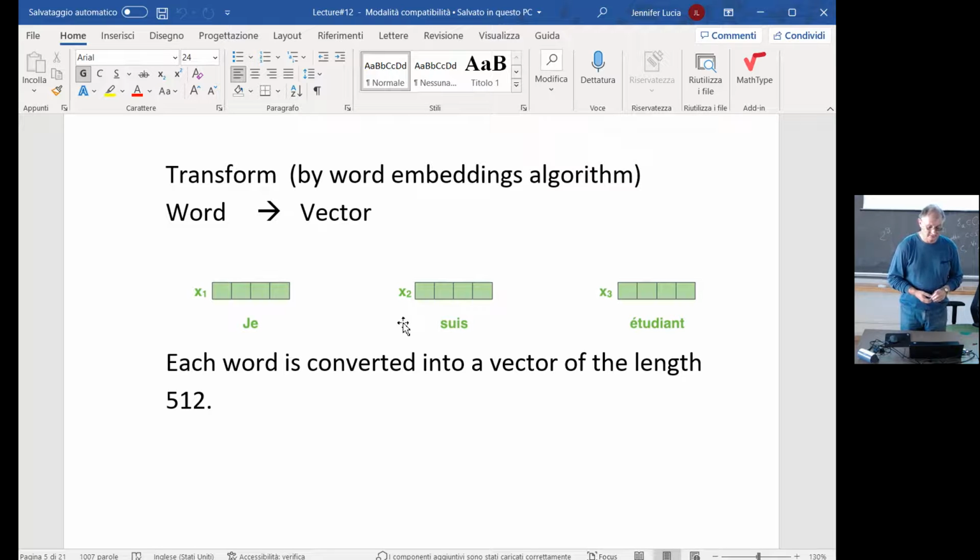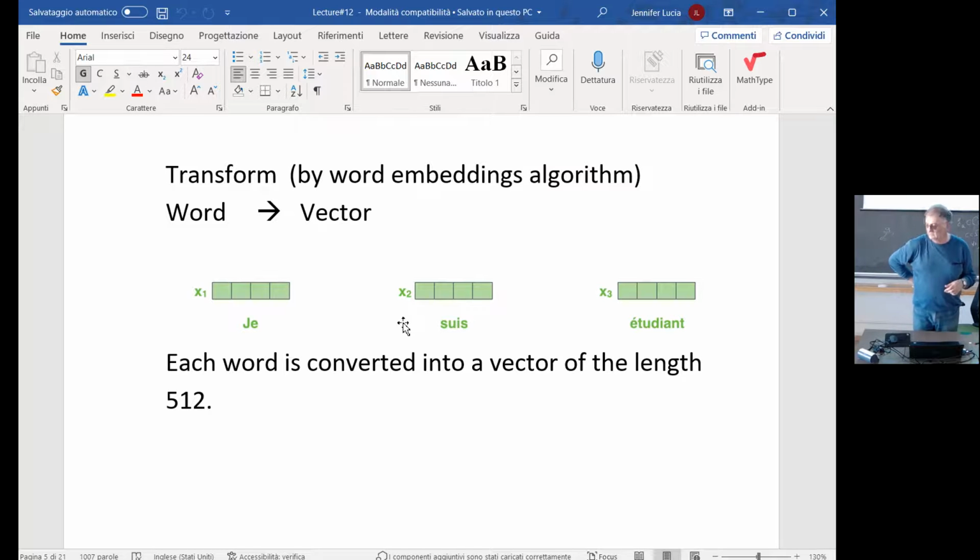It is embedding, and if the word is longer than the 512 bits, what should we do? We should truncate this word and consider the token. The token is a part of the word.